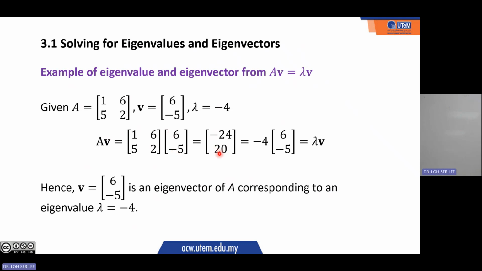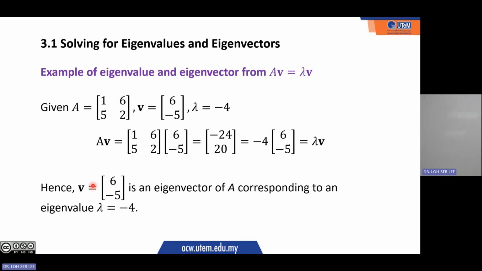I hope you still remember how to multiply a matrix and a vector. Then if you factorize -4, you get this, which is the same as this. This is the eigenvector and this is the eigenvalue. It shows how these three are connected through this relation.